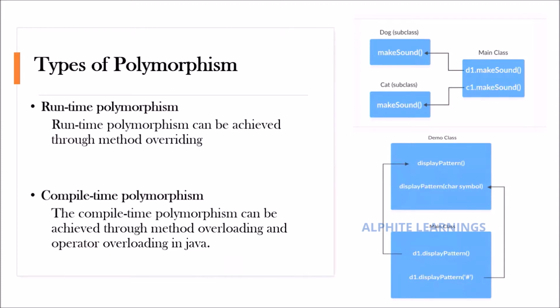I hope you remember, but I just want to brush it up again. So polymorphism happens in both runtime and compile time. As I have told you earlier, runtime polymorphism can be achieved by method overriding, and compile time polymorphism is achieved by method overloading.